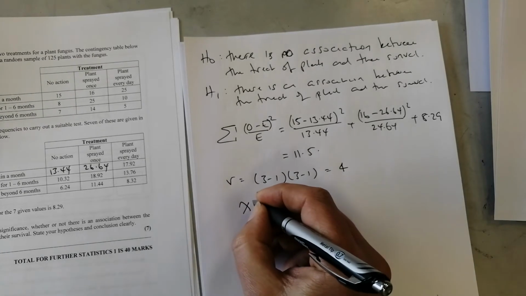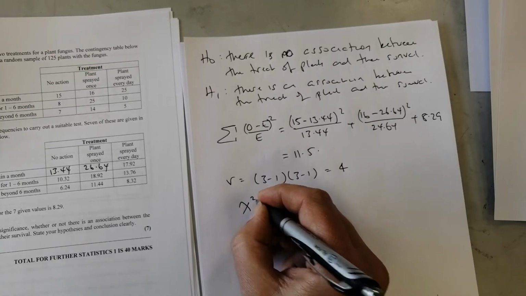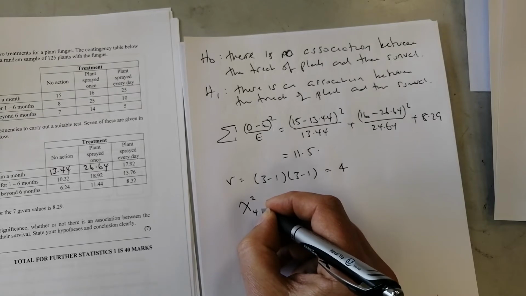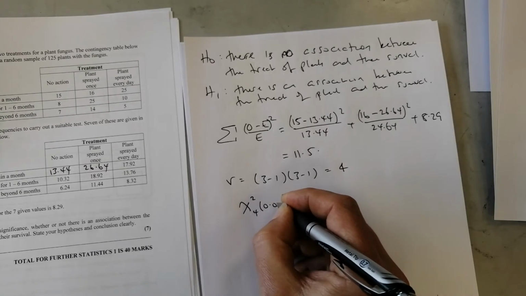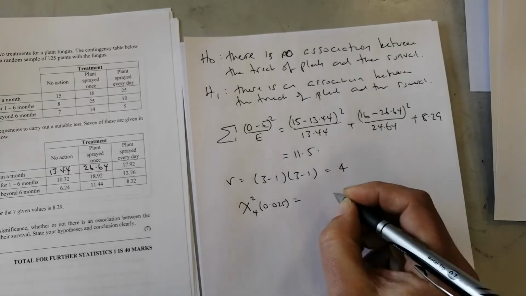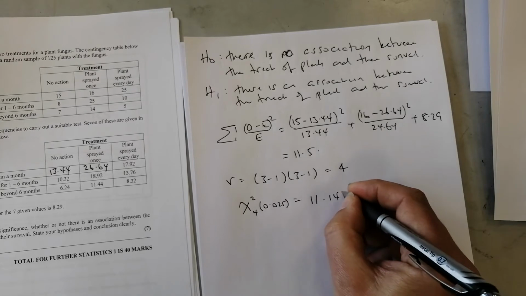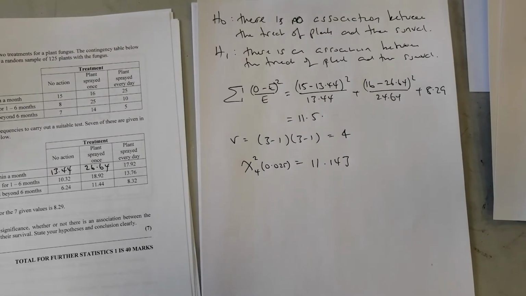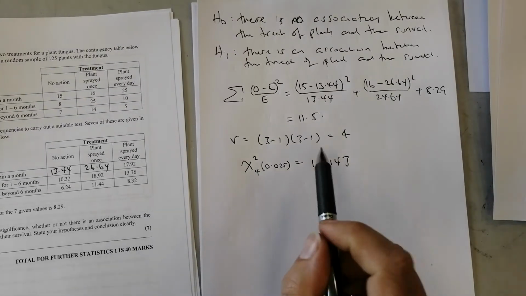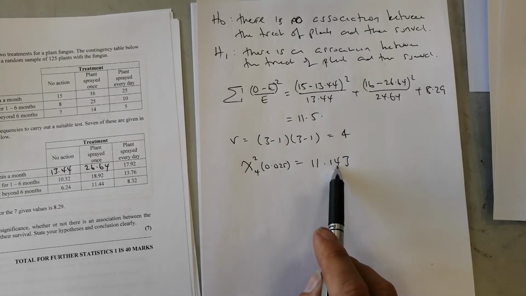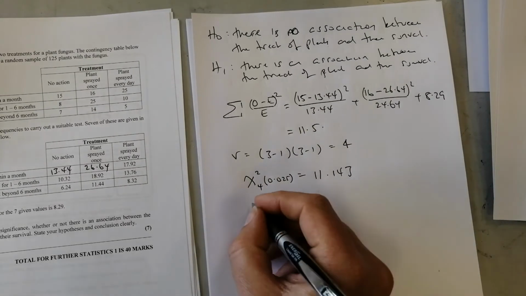So chi-squared with 4 degrees of freedom at the 2.5% level is going to give us a critical value of 11.143. If we look that up in the table, since our value is bigger than the critical value, we reject H0.